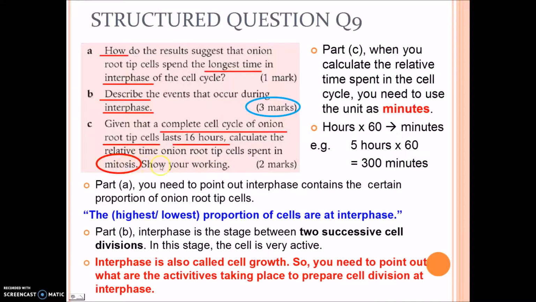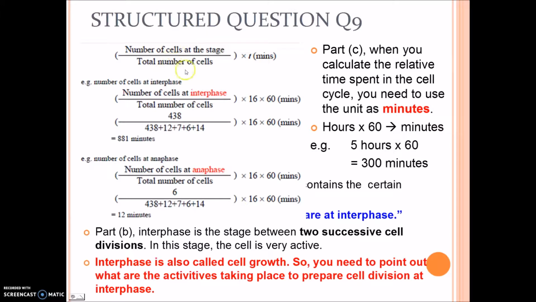So I will give you some examples to show how to calculate this type of question first, and then you will know how to do part C. The general equation is the number of cells at the stage over the total number of cells. That's why I told you to calculate the total number of cells first before you do the question.